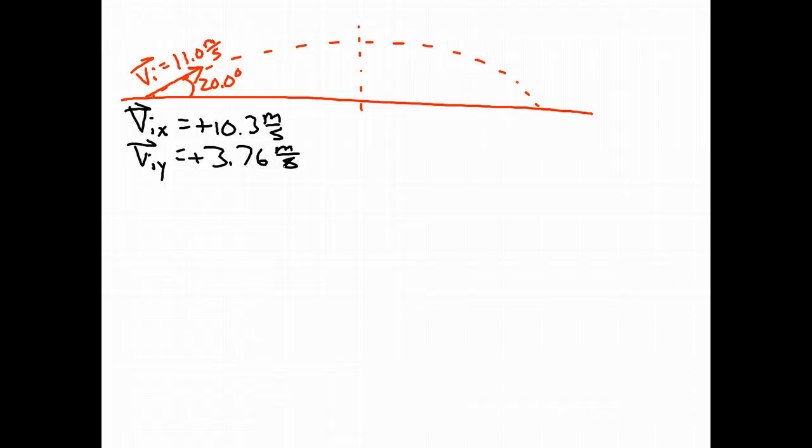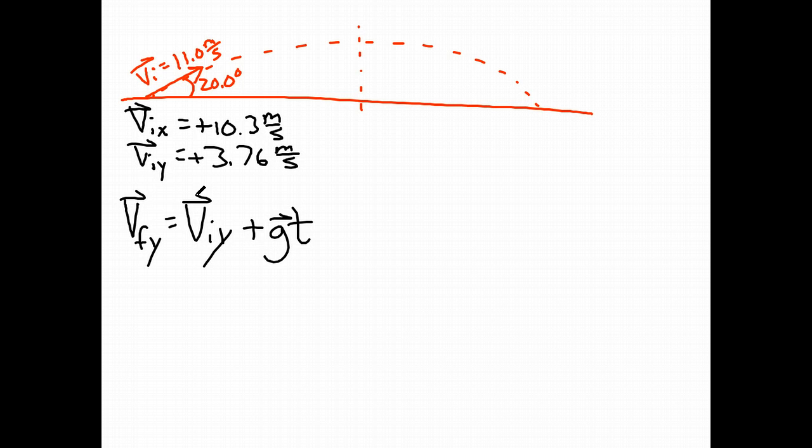So I will use our typical first equation, which is VFY equals VIY plus GT. Now we know what VIY is. It's positive 3.76. VFY, though, we also know, because if it goes up with 3.76, it also comes down. So our little picture will look like a ball being thrown up and then coming straight back down. The velocities would actually be the same, but opposite direction.